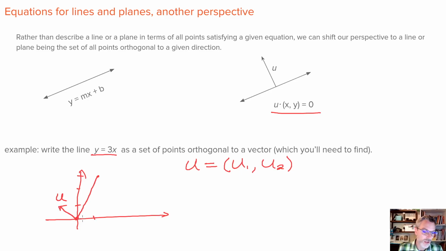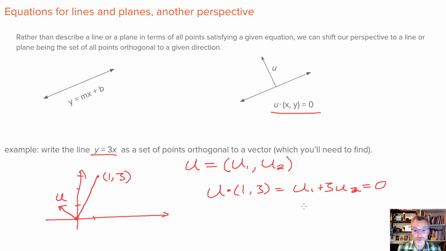Well, we could look. We know that this line also goes through this point, which is (1, 3). So this vector has to satisfy this equation. Oops, sorry, u2 equals 0. So any u1 and u2 that would satisfy this is going to work for our purposes.